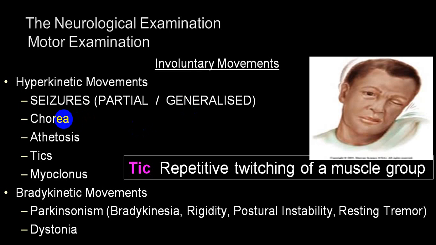There are two types of chorea, one is rheumatic, one is what we call Huntington chorea. And rheumatic chorea is also called Saint Vitus dance. So that is typical in rheumatic chorea.